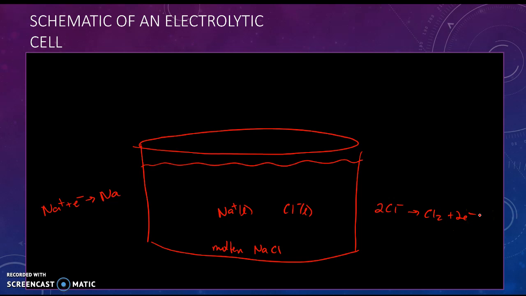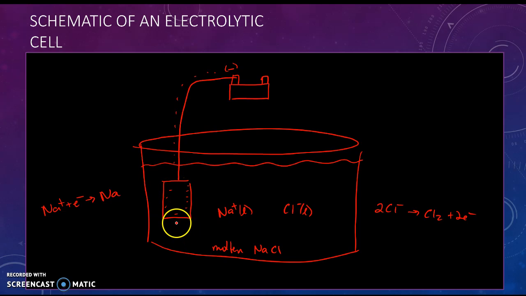So what I need to do is hook this up to some power source. And so I'm going to have two electrodes. On this one, this is going to be my negative electrode. And there'll be these electrons on it.